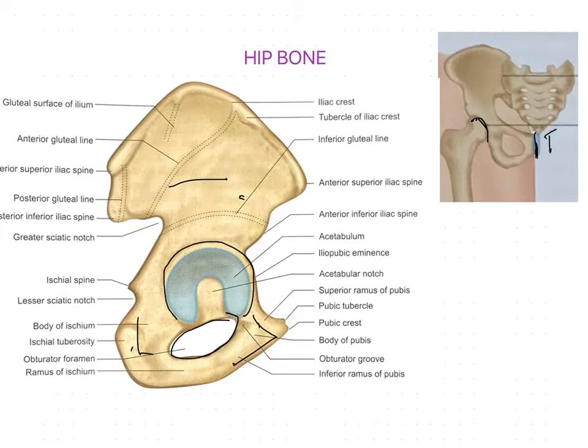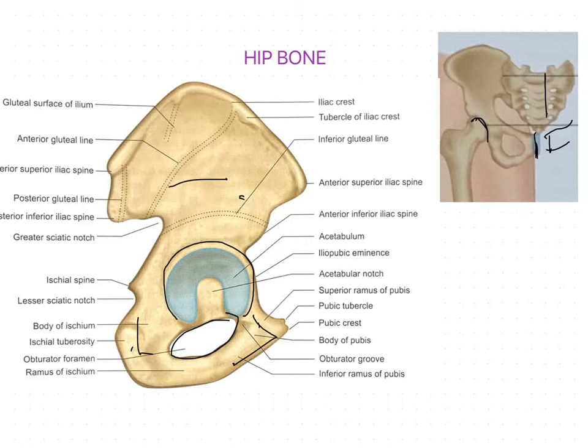The two hip bones form the pelvic or hip girdle. The bony pelvis is formed by the two hip bones along with the sacrum and coccyx.